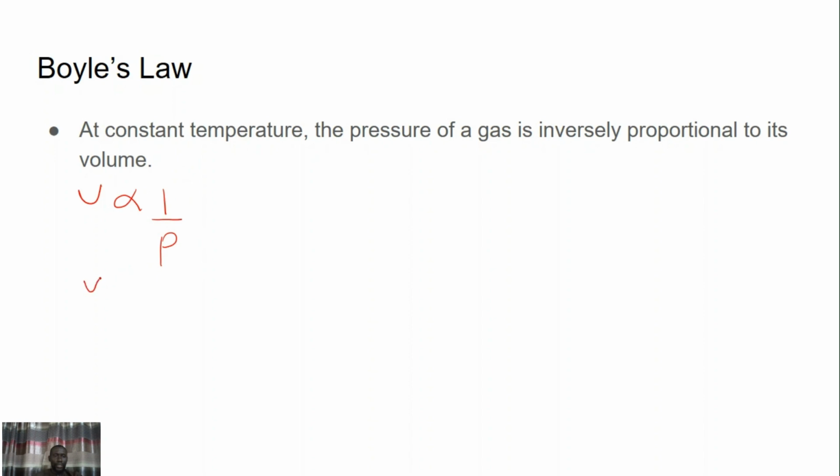And this will become VP equals K, meaning that at every point in time, when temperature is constant, the product of volume and pressure of an ideal gas is constant. And from this, you can derive the formula V1P1 equals V2P2.